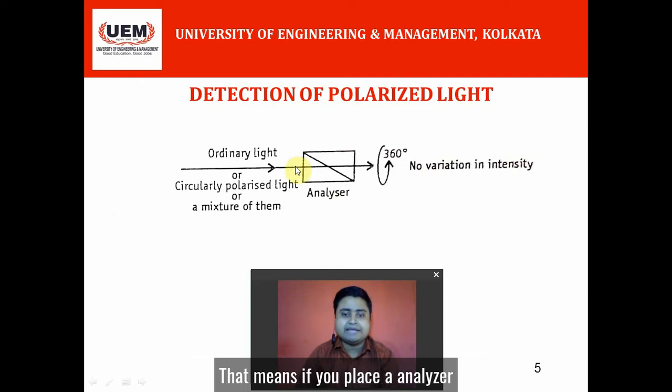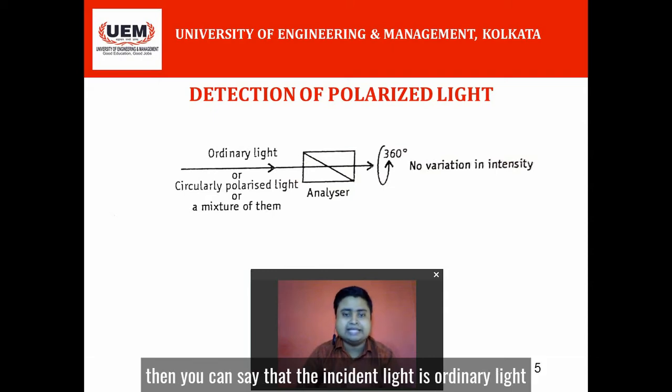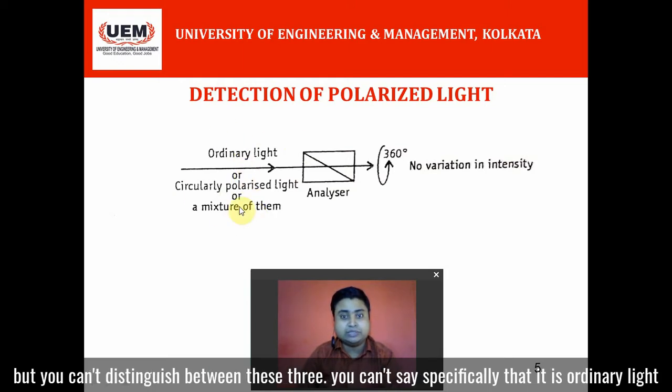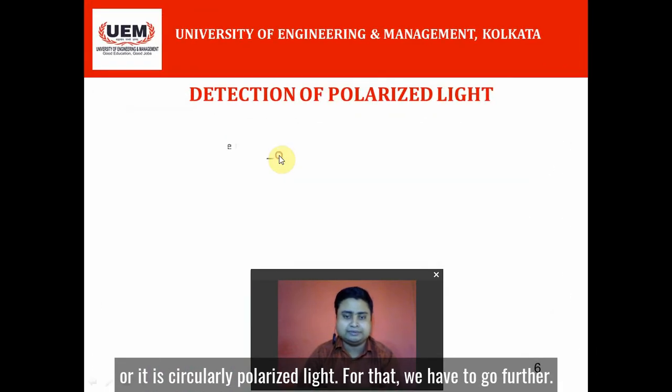That means if you place an analyzer and rotate it by 360 degrees, and at the output you see no variation of intensity, then you can say that the incident light is ordinary light or circularly polarized light or a mixture of them. So you can identify these three, but you can't distinguish between them. You can't say specifically that it is ordinary light or circularly polarized light. For that we have to go further.